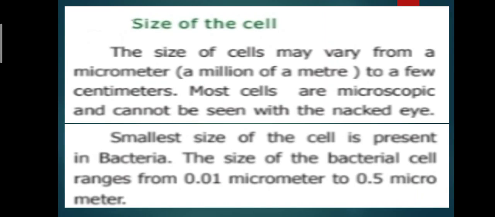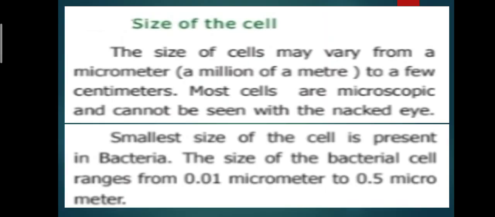Let's start. There are millions of living organisms around us. Each of them has a different size and shape. Moreover, their organs also vary in size, shape and number of cells. Cell size. The cell size is variable in living organisms.